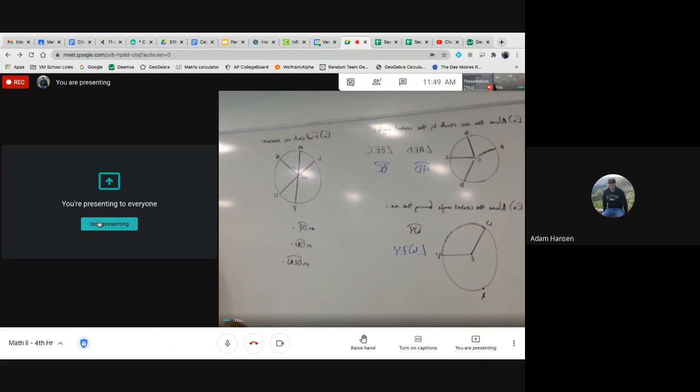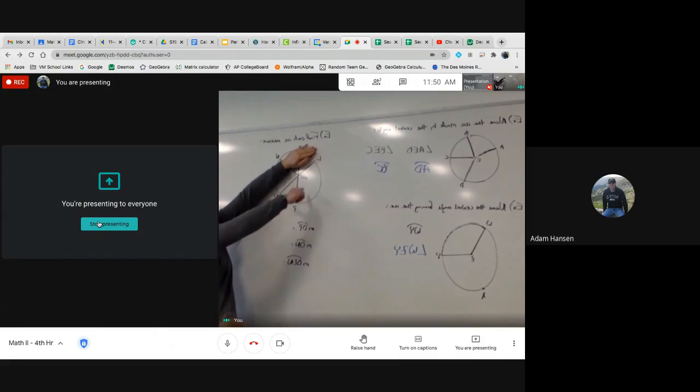Let's assume that what looks like a diameter is a diameter, and L is the central angle. So how can I find OP? What do these two arcs have to add up to? 180 because it's a semicircle, right?